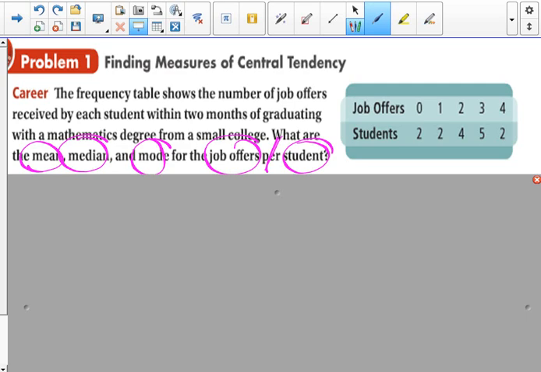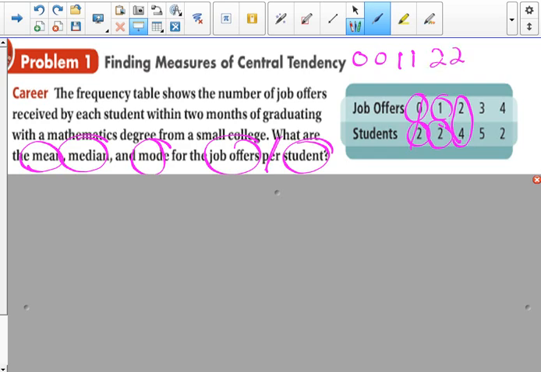So when we look at this, we're going to take all the job offers. So we know 2 students had 0 job offers. So that's going to be a 0 and a 0. And then 2 students had 1 job offer. So 1 and 1. 4 students had 2 job offers. 2 and 2.